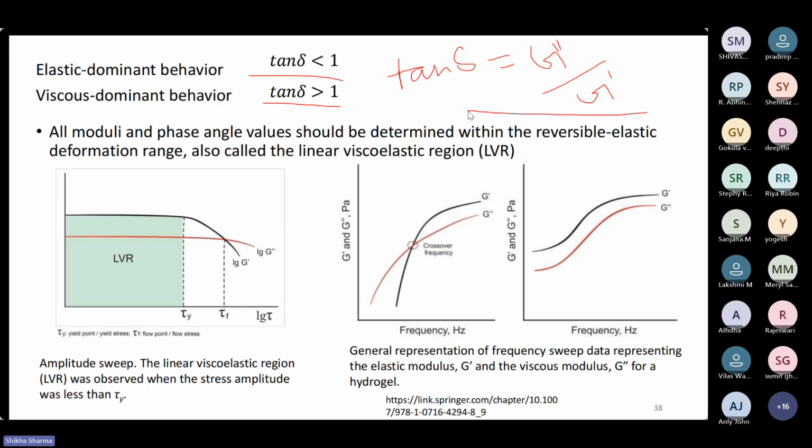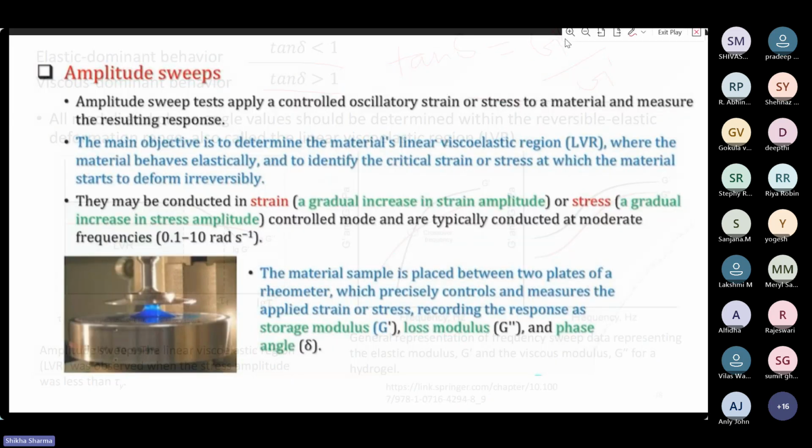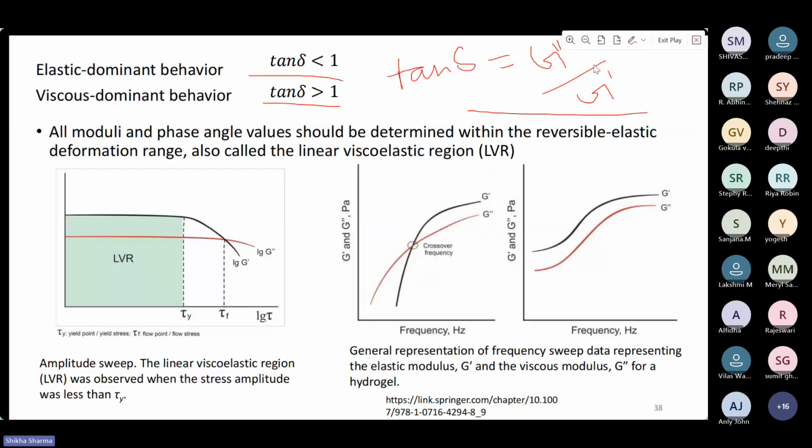If tan delta is less than 1, then elastic behavior dominates. If tan delta is greater than 1, then viscous behavior is there. If its value is greater than 1, that means the G double prime value is greater, so viscous behavior. If its value is less than 1, that means the G prime value is more than G double prime, so elastic behavior dominates.